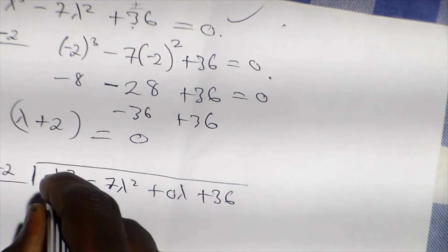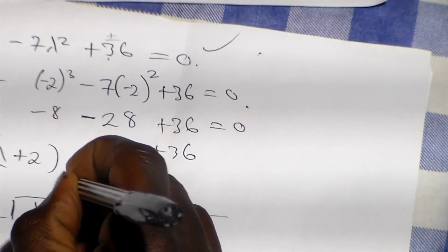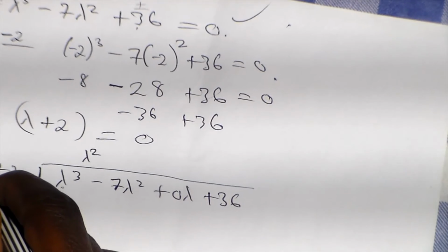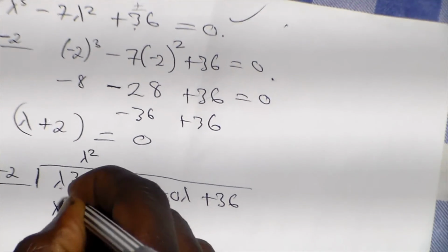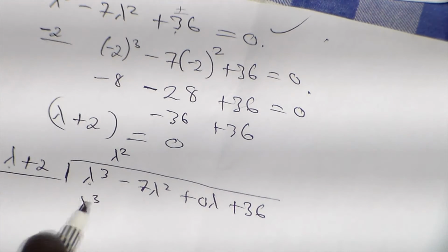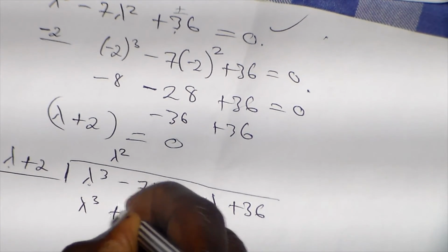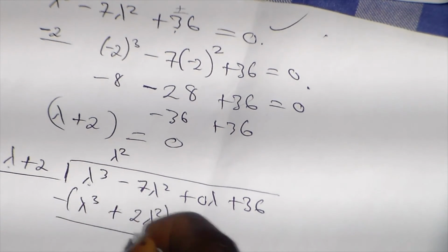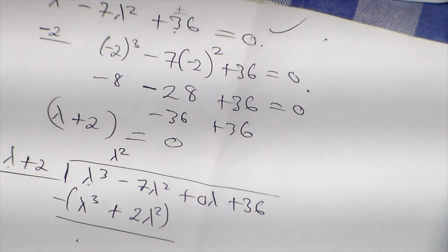Lambda into lambda cubed, that's lambda squared. Then lambda squared times lambda, that's lambda cubed. Then here we will get plus 2 lambda squared. Then we subtract, here we get a 0.